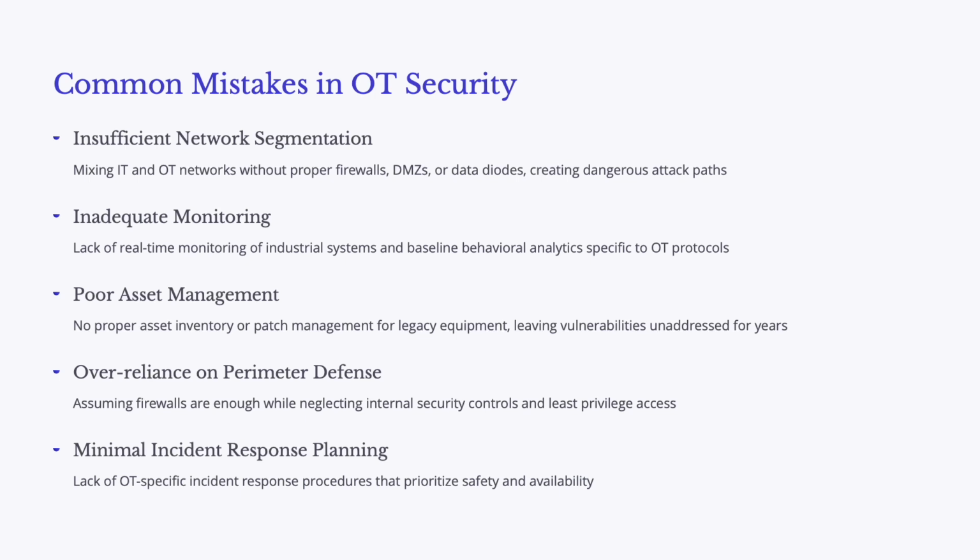Third, no asset inventory. You can't protect what you don't even know exists. Over-reliance on perimeter defenses, assuming firewalls are enough while neglecting internal security controls and least privilege access. And finally, minimal incident response planning, because most people think it will never happen to them, but it does.